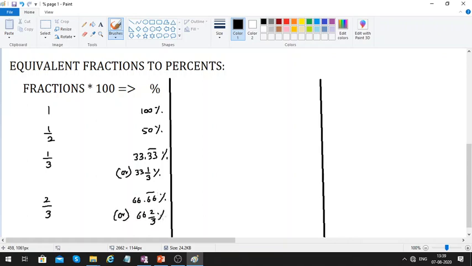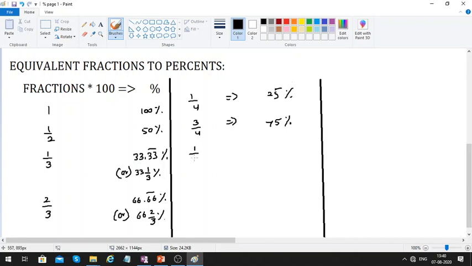Another set of equivalent fractions starts with 1 by 4, which we've already seen is 25%. If you multiply by 3, you get 3 by 4 as 75%. So wherever you want to find 75% of a number, you can apply 3/4 of it.